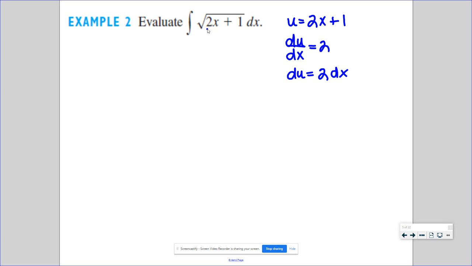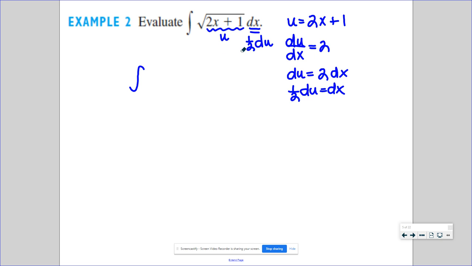This is where things get a little bit different. So inside the radical is going to be u. I still need something to sub in for dx. So that means I need to divide by the 2, that way I can have dx alone on this side of the equation. So that means dx is going to be equivalent to 1/2 du.